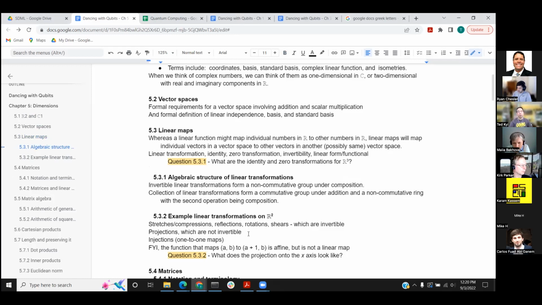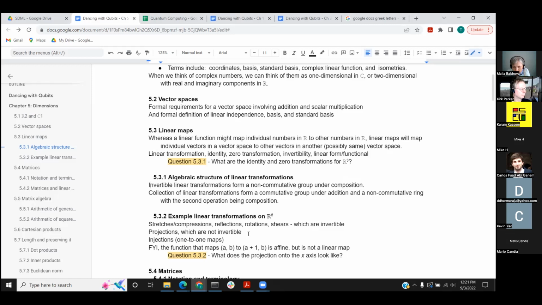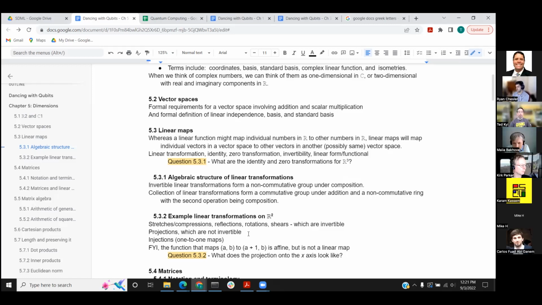So invertible linear transformations form a non-commutative group under composition. And if you have a collection of linear transformations, this set of linear transformations, they themselves are a group under addition and a non-commutative ring, with composition being the second operation. Typically, when you hear about rings, you think about multiplication being the second operation. Interesting, not sure that we need to know that stuff.